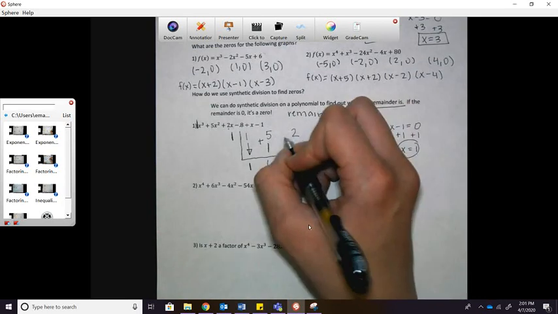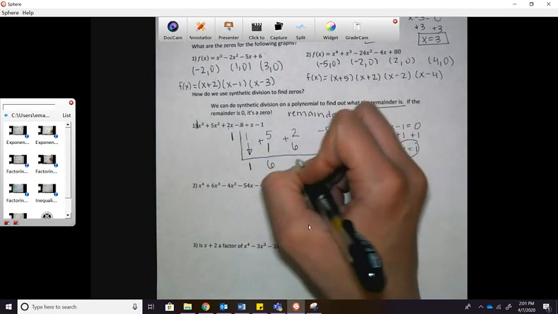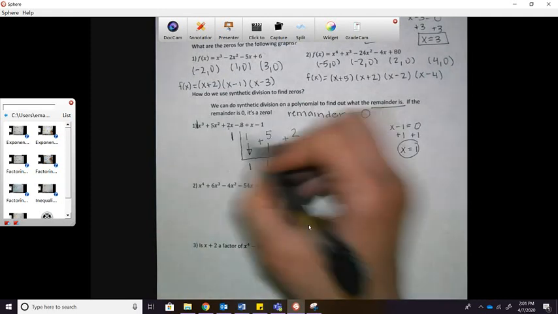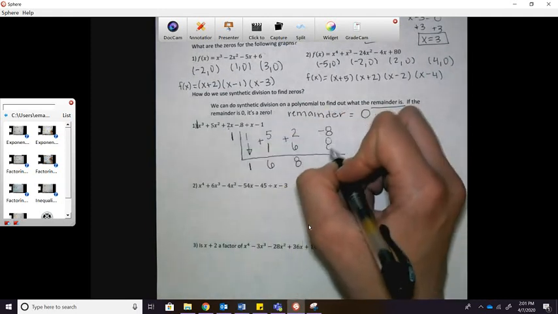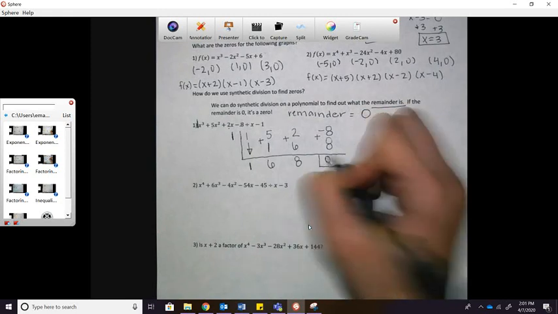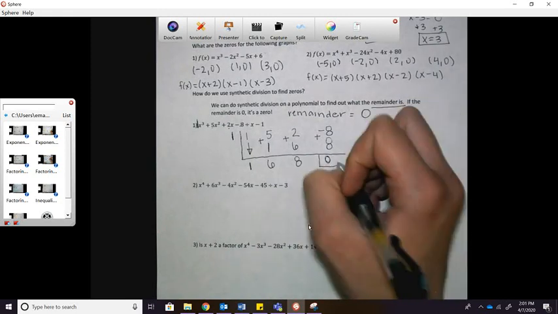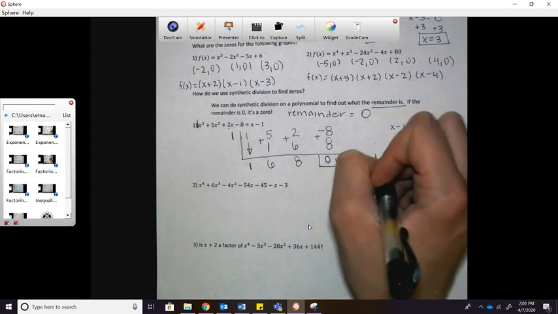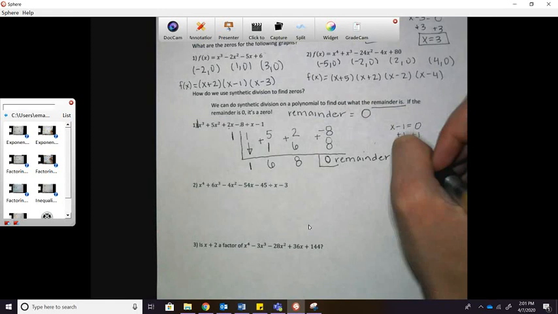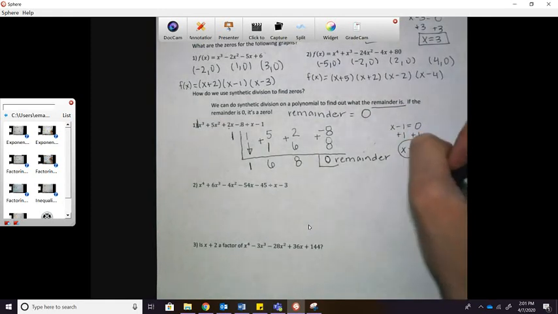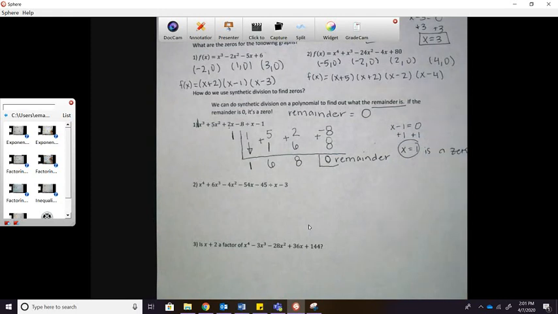Add 2 plus 6 is 8. And I'm going to multiply: 1 times 8 is 8. Add those together, and 0. Since there's nothing else to do here, this is our remainder. So our remainder is 0. So x equals 1 is a 0. Okay?